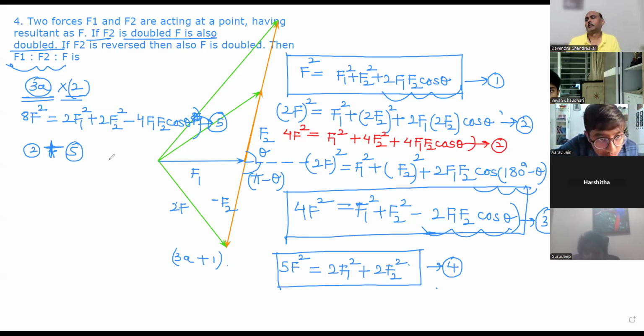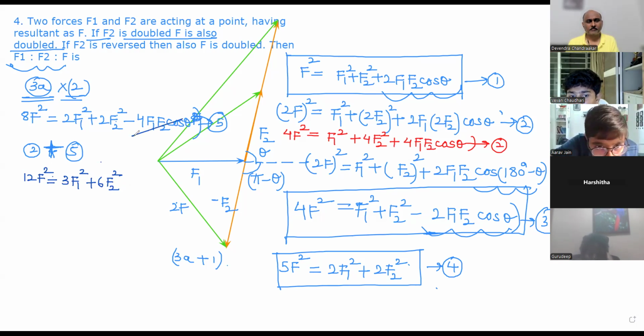So when I add equations 2 and 5, see what I get. I'll get 12f square, right? Is equal to 3f1 square plus 6f2 square, and these two will cancel. Got it?